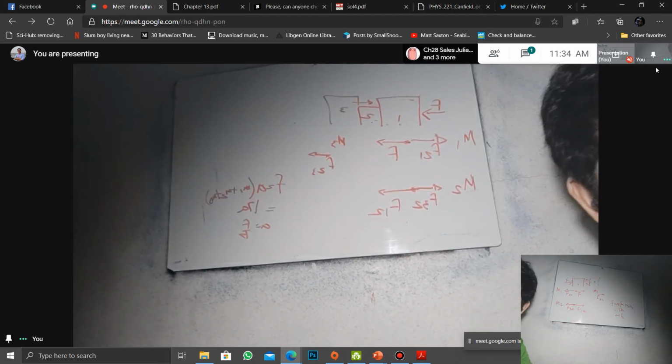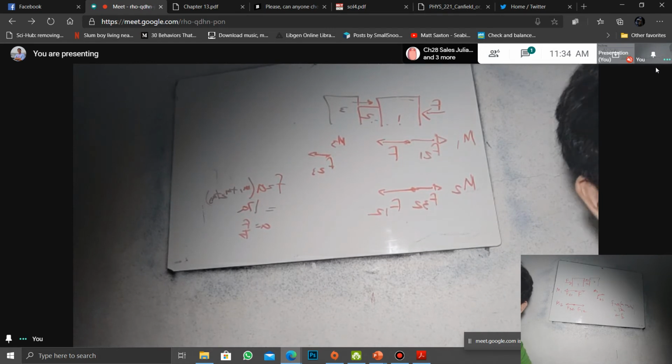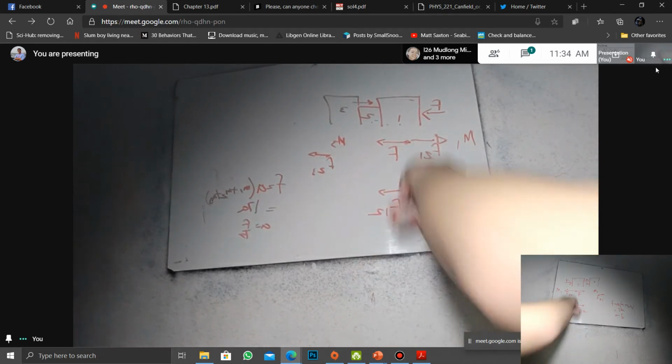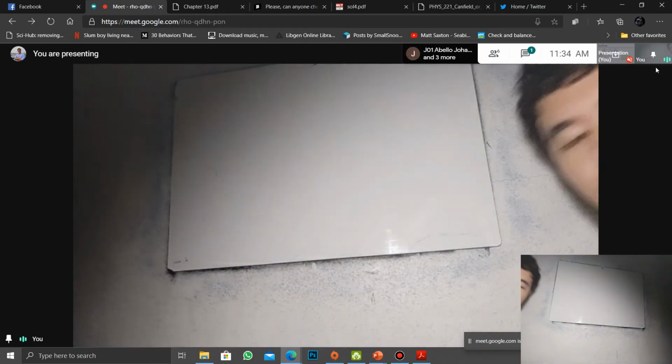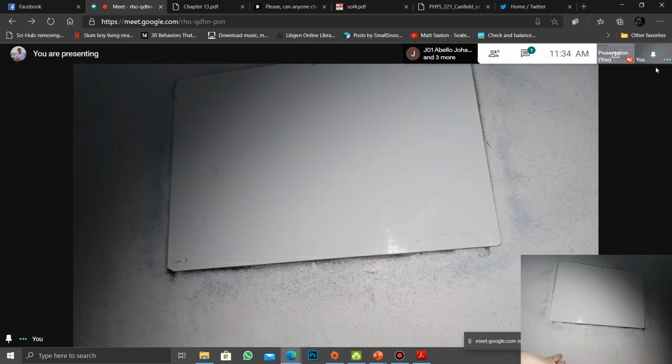Okay, next. Number 19. If theta increases, what happens to the magnitude of Fn? May friction daw yan.